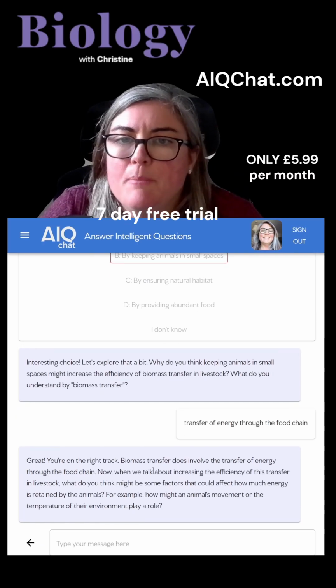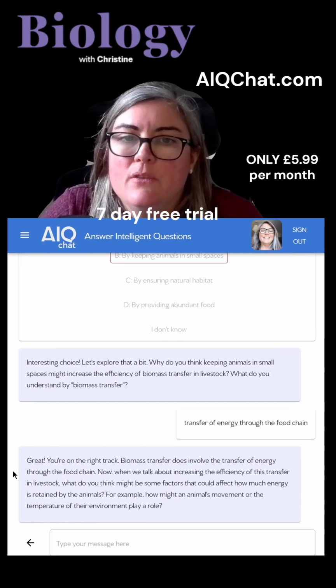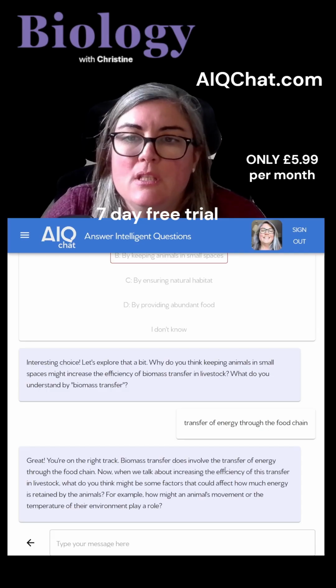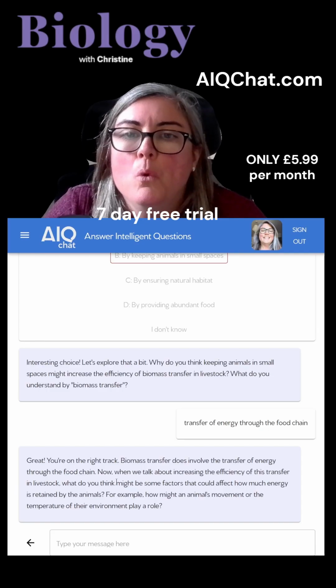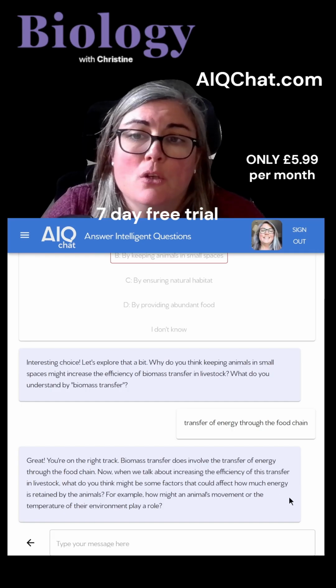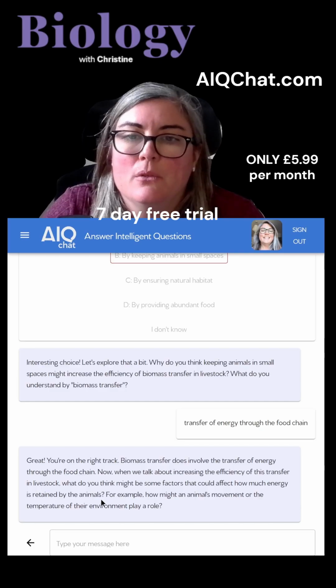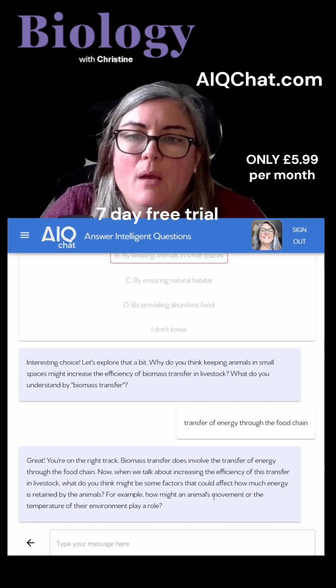Great, you're on the right tracks. Biomass transfer does involve the transfer of energy through the food chain. Now, when we talk about increasing the efficiency of this transfer in livestock, what do you think might be some factors that could affect how much energy is retained by the animals? For example, how might an animal's movement or temperature of their environment play a role?